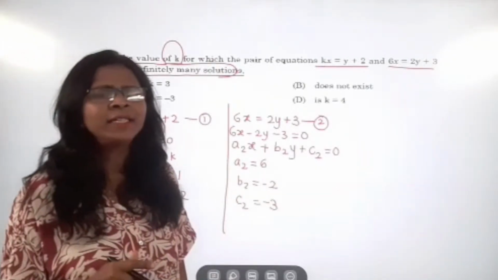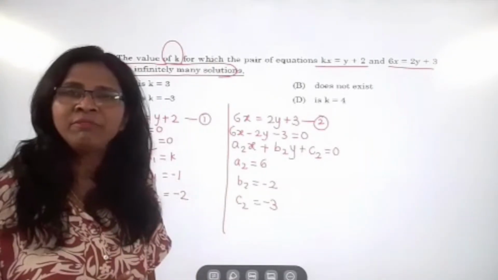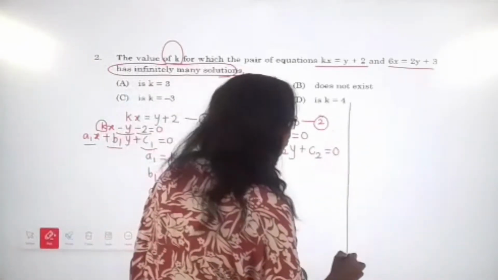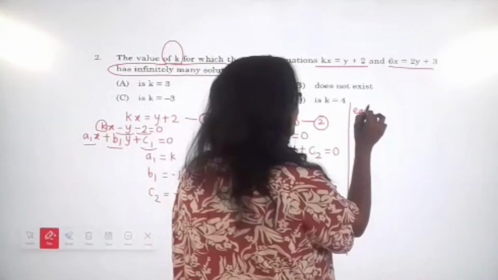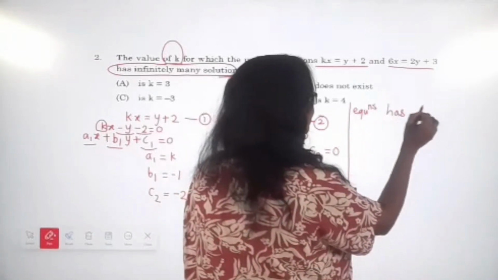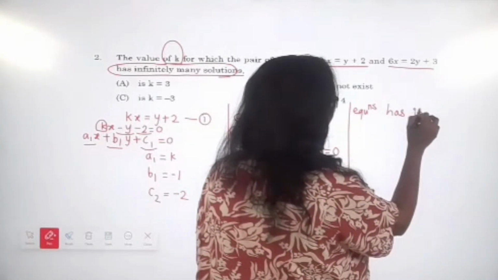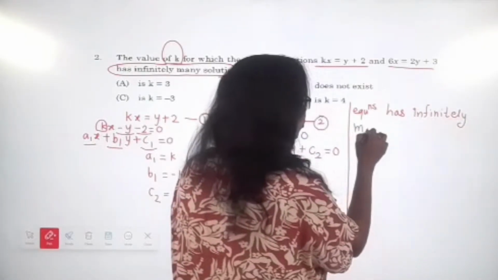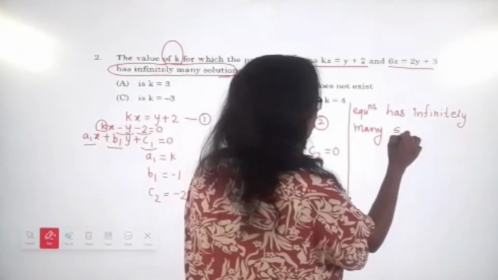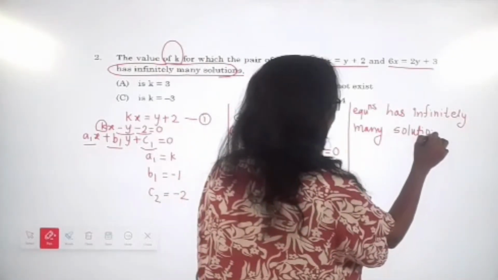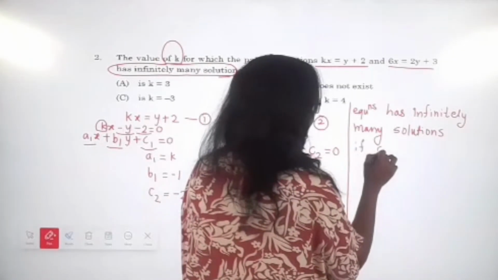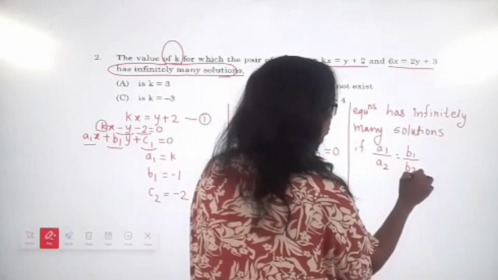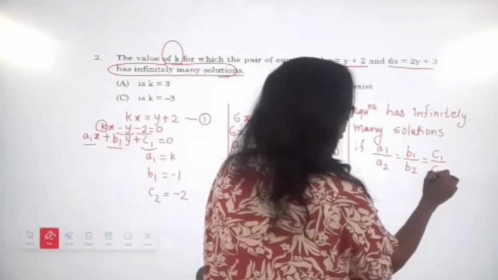When do you say that the equations have infinitely many solutions? Here we say that equations have infinitely many solutions if a1 upon a2 is equal to b1 upon b2 is equal to c1 upon c2.